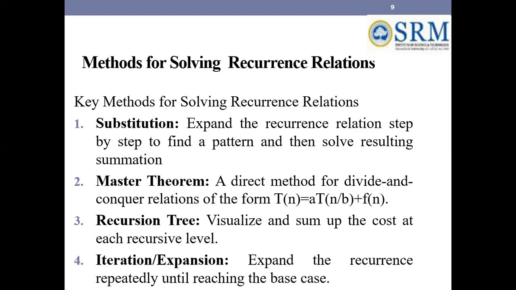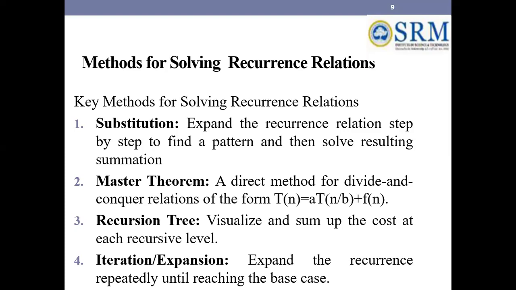And recursion tree: visualize and sum up the cost at each recursive level. The recurrence relation is converted into a recursive tree. Tree contains root node and number of levels. So each iteration is represented as a level. So here the time complexity or cost or maximum number of basic operations is calculated at each level.